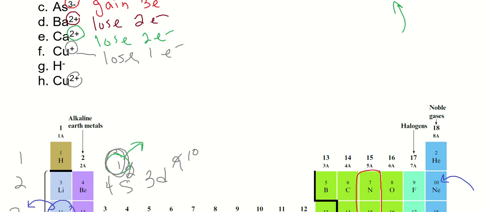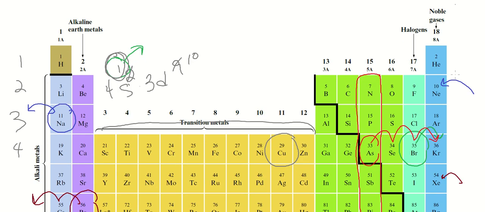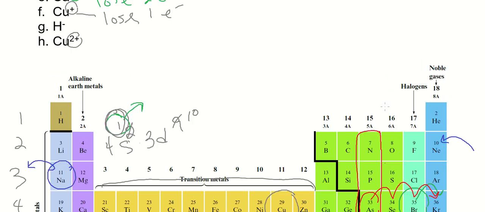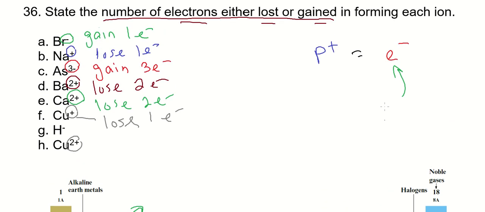Now that doesn't mean it necessarily looks like a noble gas. Those are for your main block elements. This is a transition metal, so losing one electron is going to make it have the same electron configuration as, you can say, nickel. But that octet rule is for the main group elements in the s and p blocks of the periodic table.